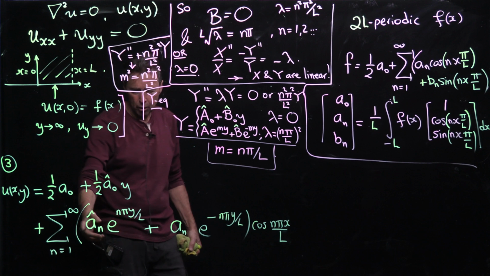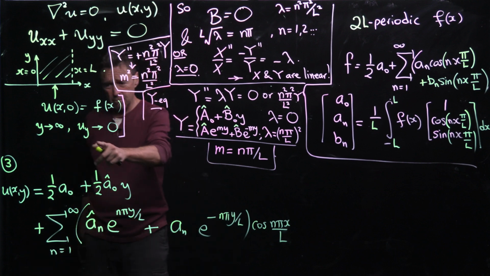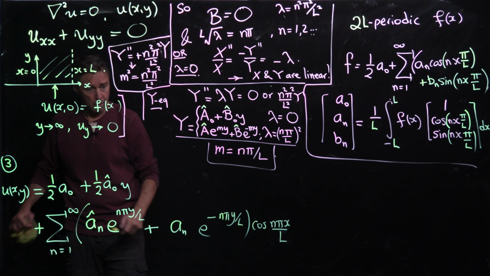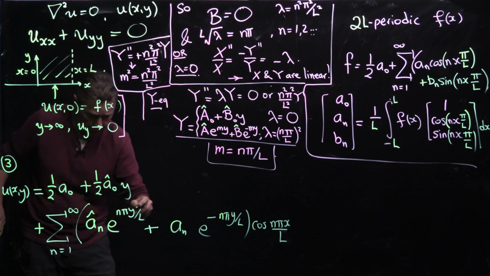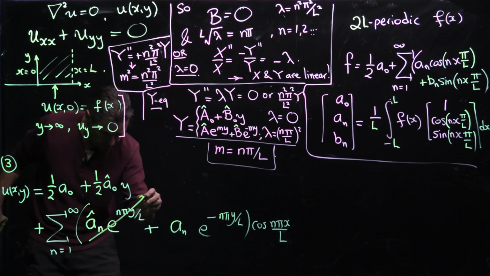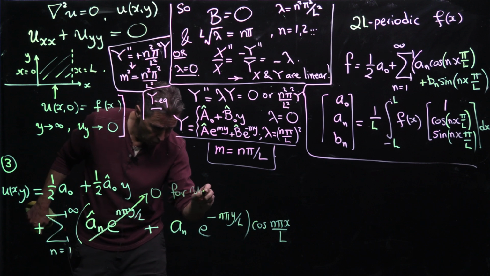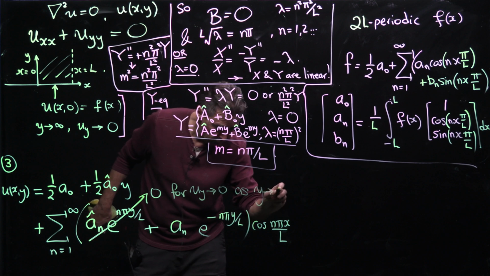Right? Those explode as y goes off to infinity. So the only way of making sure this goes to 0 is I first of all get rid of those. I really need to get rid of these because they will explode as y goes off to infinity. So those have to all go to 0 for u_y to go to 0 as y goes to infinity.